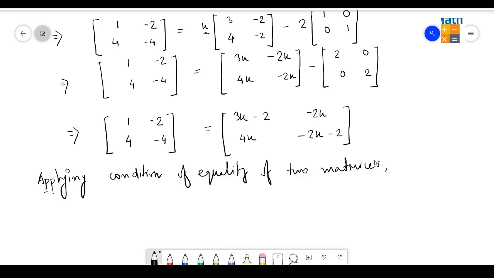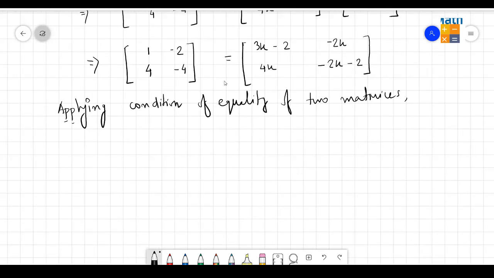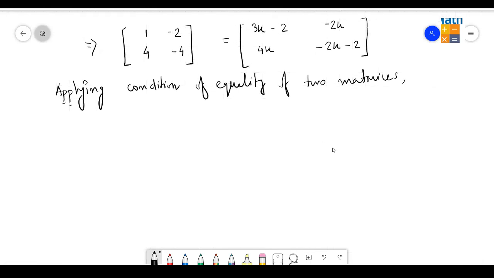The corresponding elements will be equal, then only equality is possible. So by applying the condition of equality of two matrices, what can we write? 1 is equal to 3k minus 2. Yes or no? These corresponding elements will be equal. This one and this one will be corresponding.